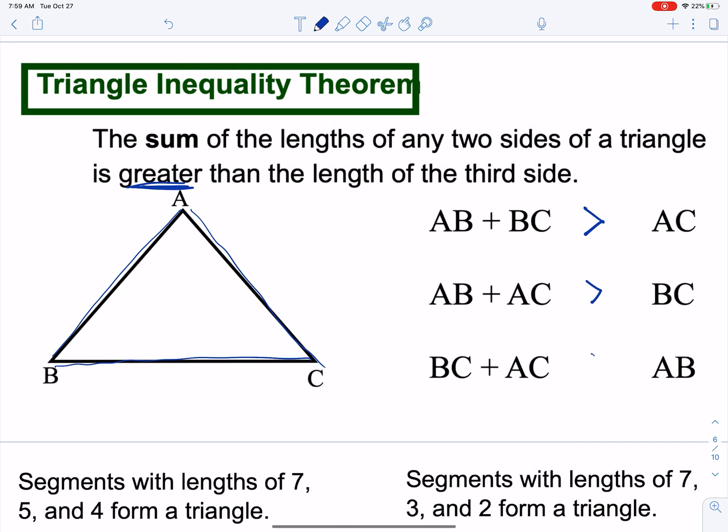So they're doing all three combinations of two sides being greater than the third. If you can verify that you add up any two sides of a triangle and check that it's greater than the third, then that means a triangle can be formed.